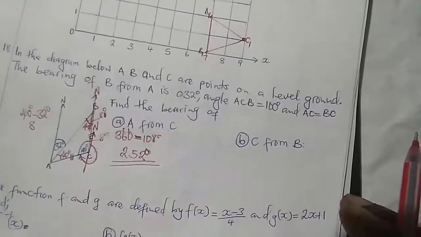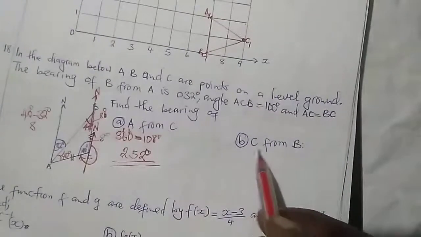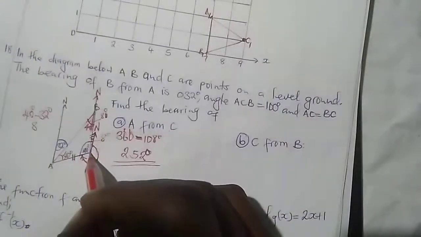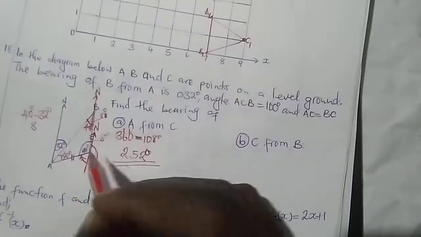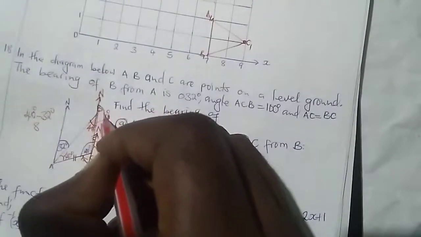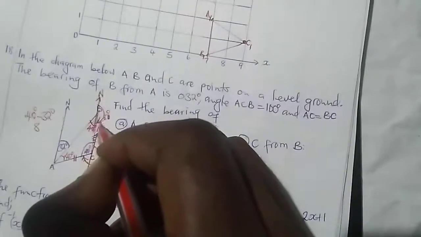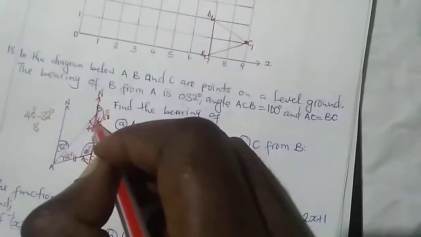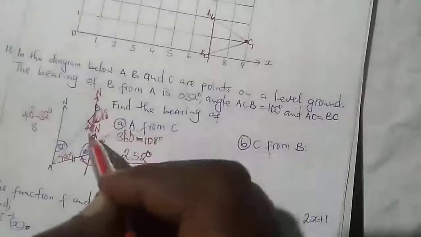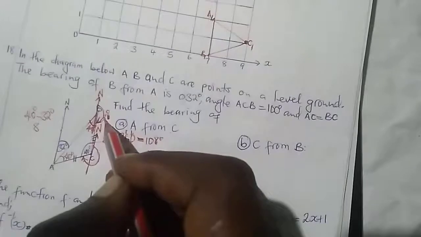Now we come to question B, which is to find the bearing of C from B. So we want to find the bearing of this line from the north line at B, where the line of C is. We have learned that this angle is 8 degrees.